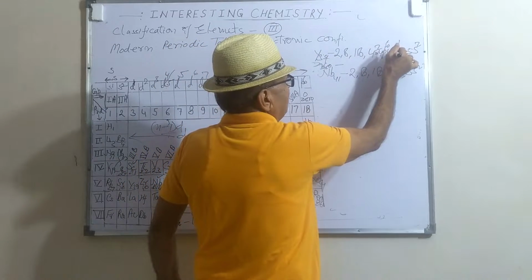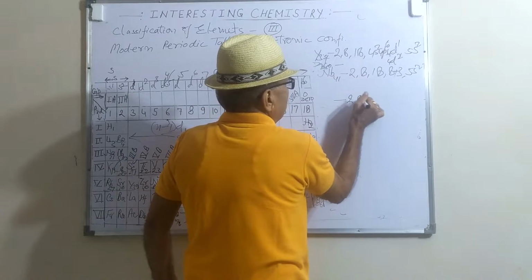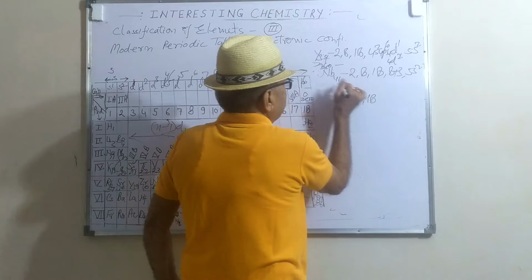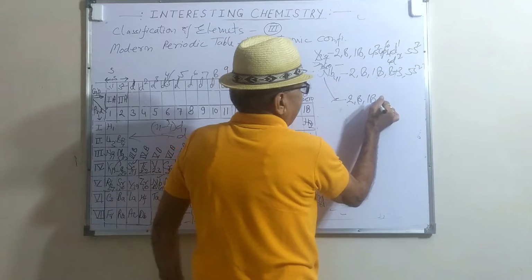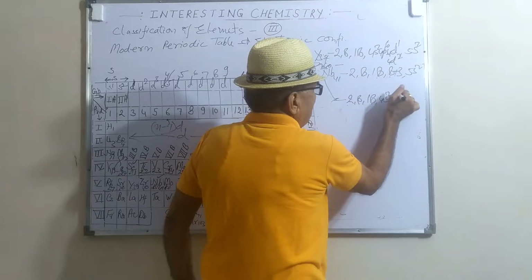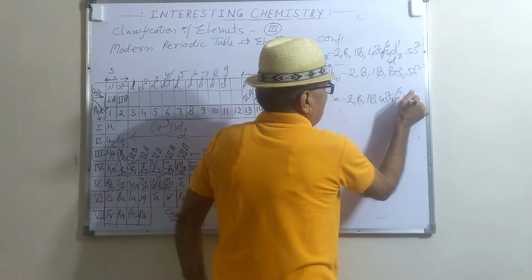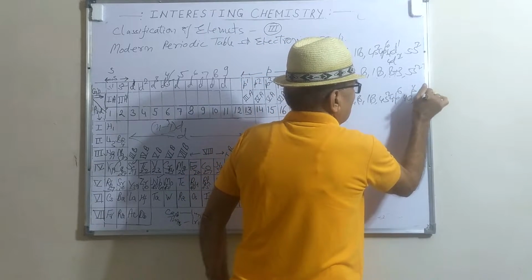So this d will be for 41. In the same case, you will write here 2, 8, 18. In case of niobium, 2, 8, 18, and this one is 4s2, 4p6, 4d3, and 5s2.